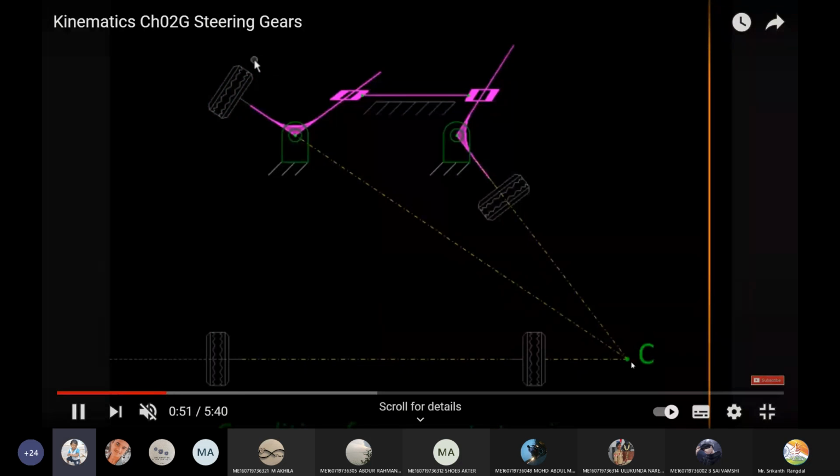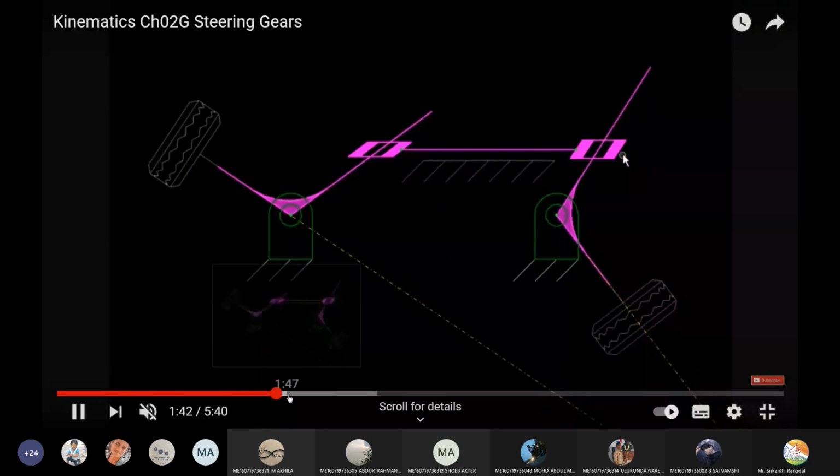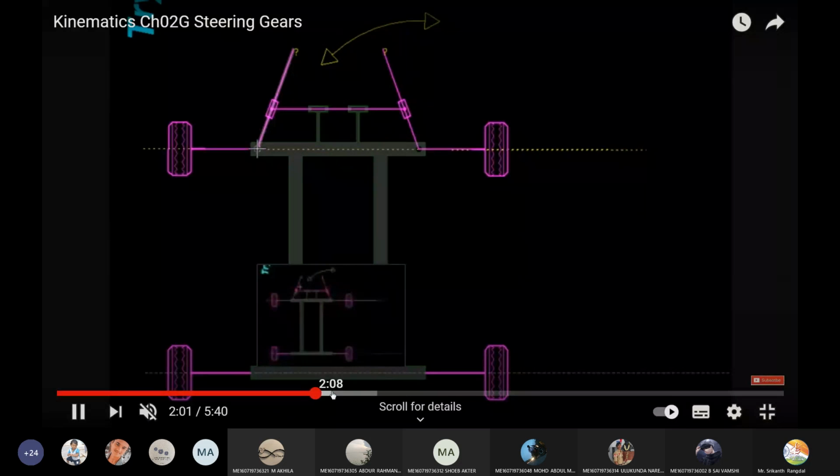Here you can see he's explaining that the axes of all the tires are meeting at a common point C. This point will always be a fixed point no matter what the angle is.